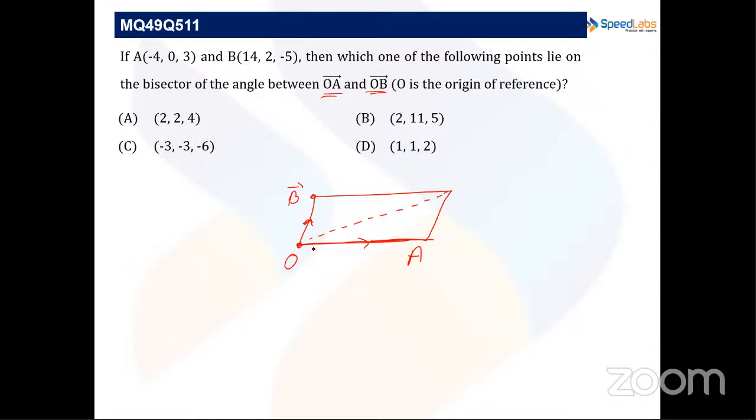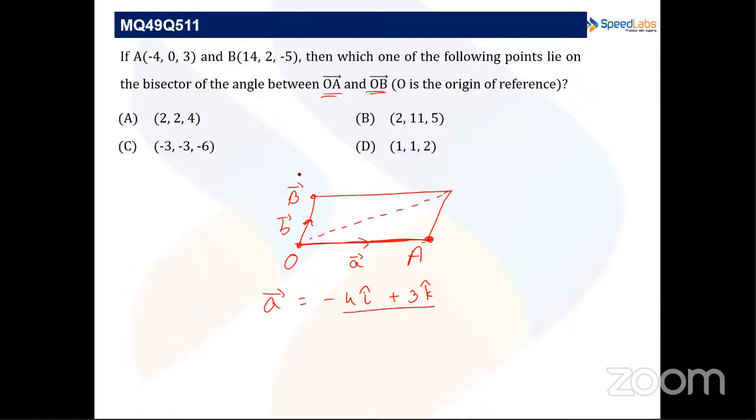So let's find vector OA. The position vector of A minus origin will be minus 4i cap plus 3k cap.